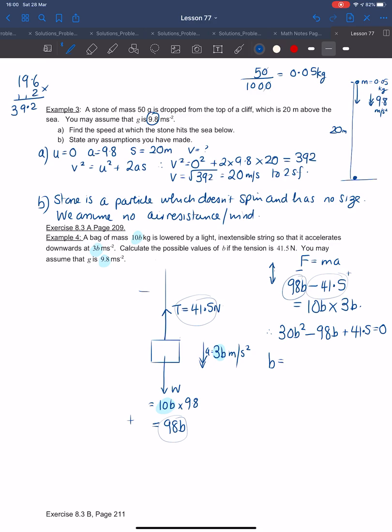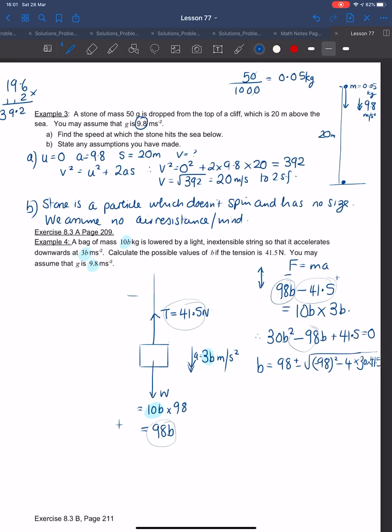So to work out b, it's minus the coefficient of the unsquared b, 98, plus or minus the square root of minus 98 squared minus 4 times a times 41.5 squashed in.